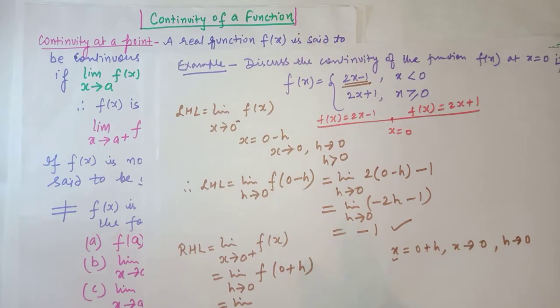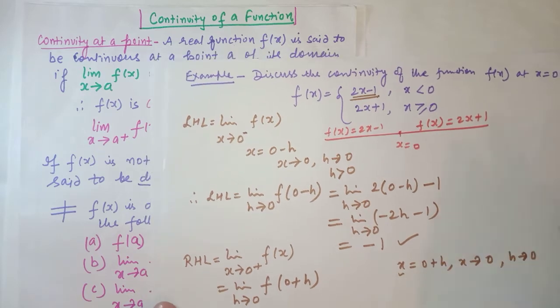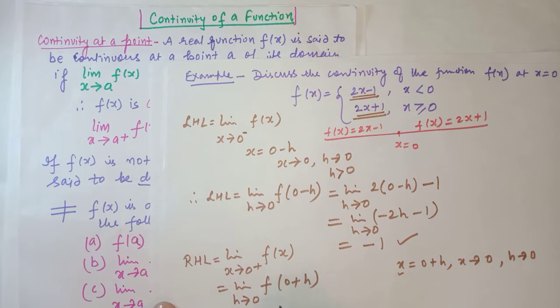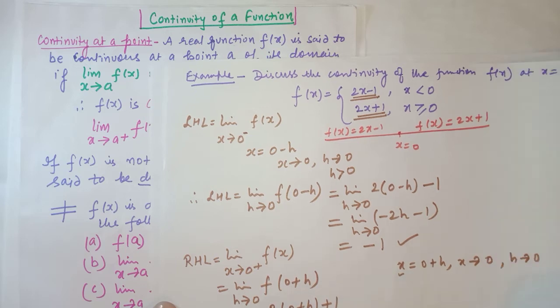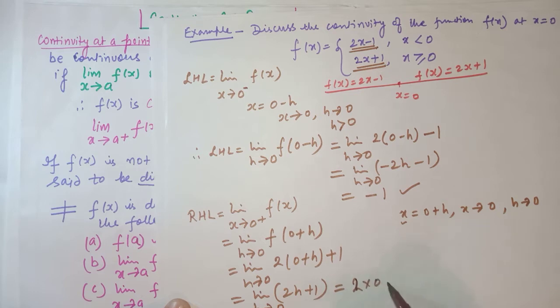Limit as h tends to 0 of f of 0 plus h. Now for x greater than or equal to 0, it is defined by 2x plus 1. So here we have 2 times 0 plus h, plus 1, which is the limit as h tends to 0 of 2h plus 1. And if we substitute the value of h equal to 0 here, we are left with 1, because this is 2 times 0 plus 1, which is equal to 1.